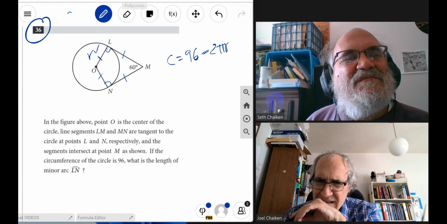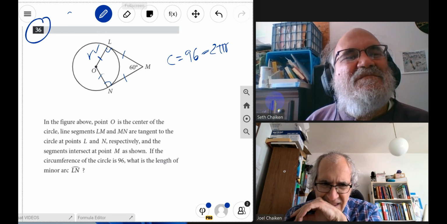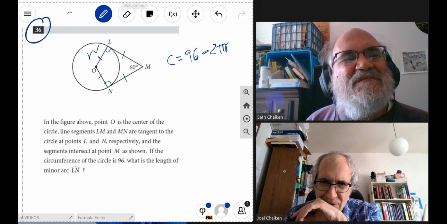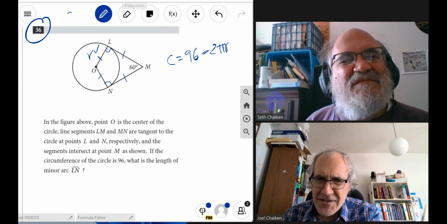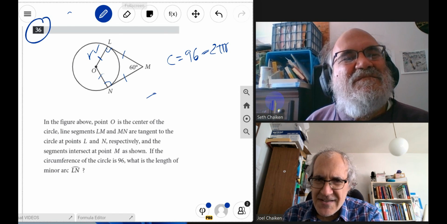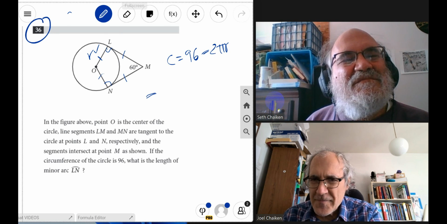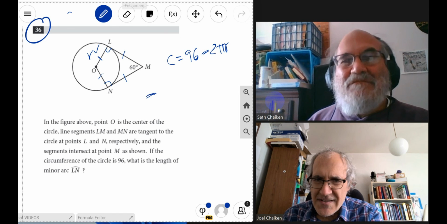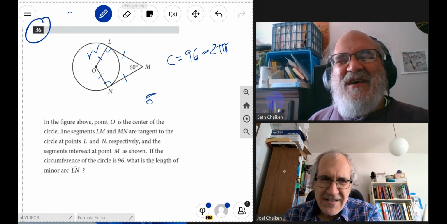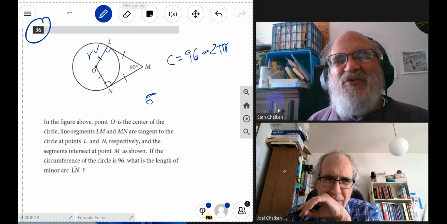But isn't there a theorem here, one of these circle theorems, that says 60? Should I propose what I think it is?